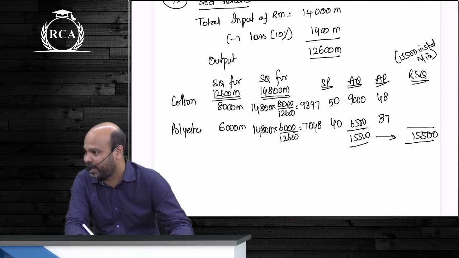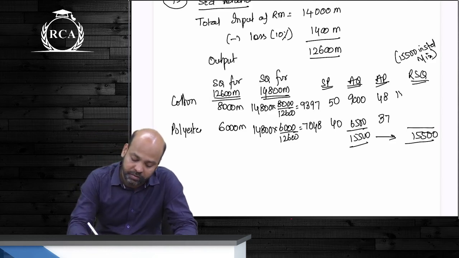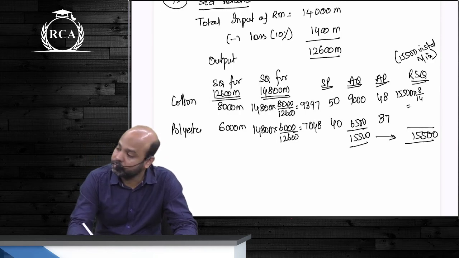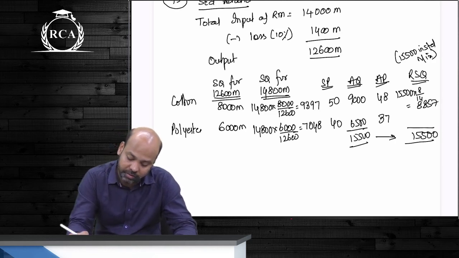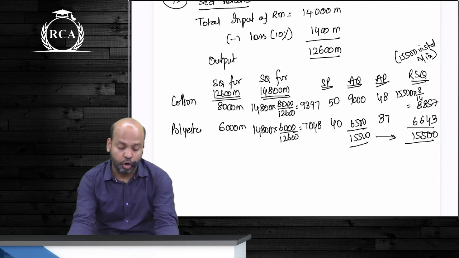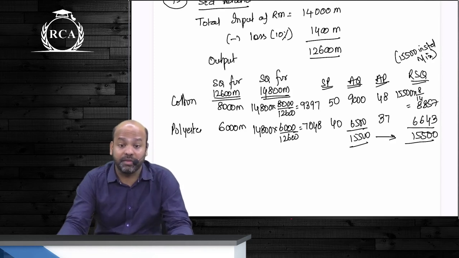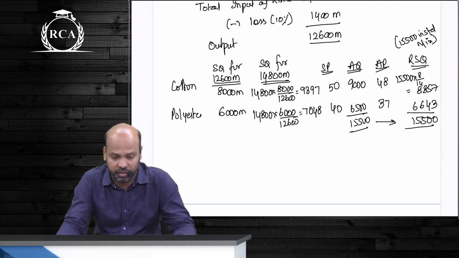That is nothing but 8:6. So 15,500 into 8 by 14. 8,857. Balance would be 6,643. We have all the details that we need for arriving at material variances.